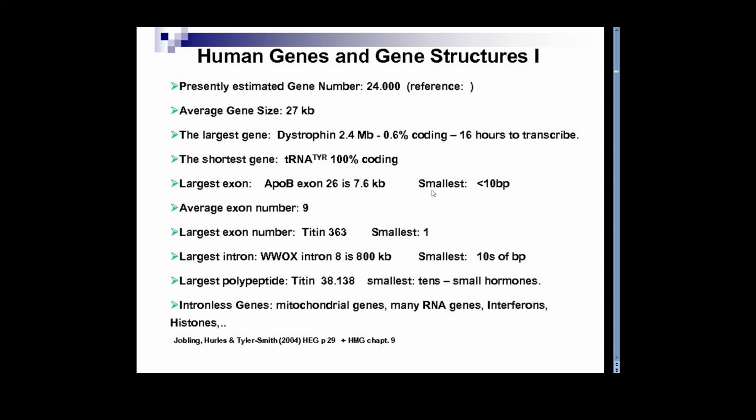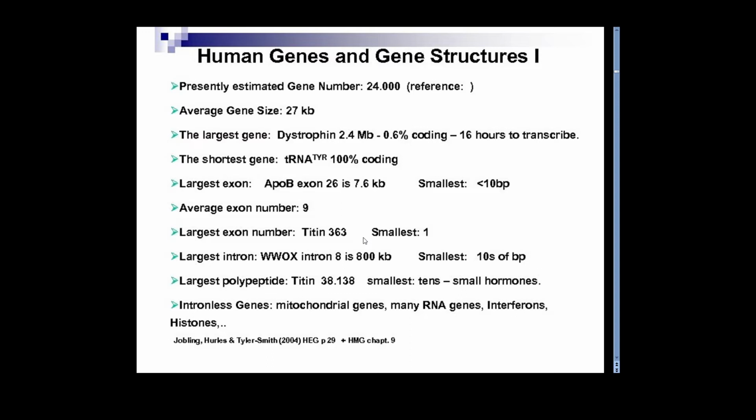Largest exon, 7,500 nucleotides. Average exon number is 9. Largest number of exons is in titin. Titin is a spring protein in muscles. 363 exons.